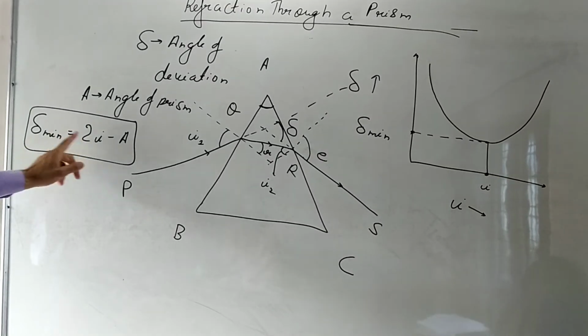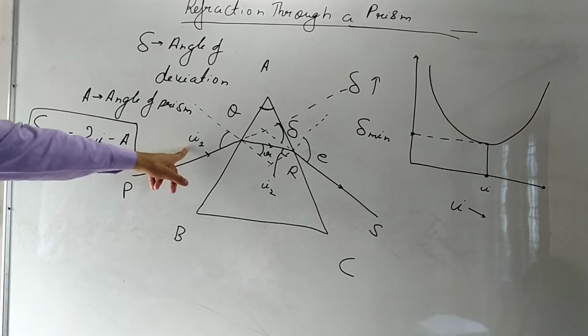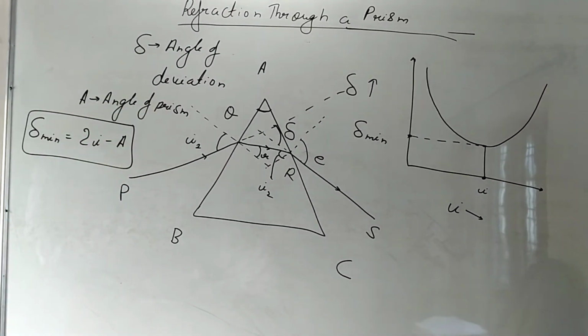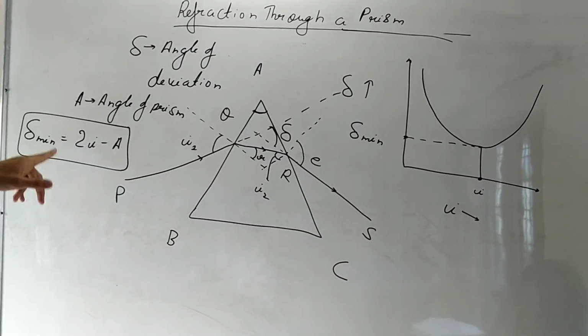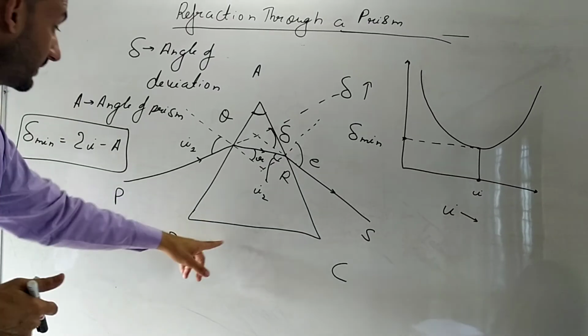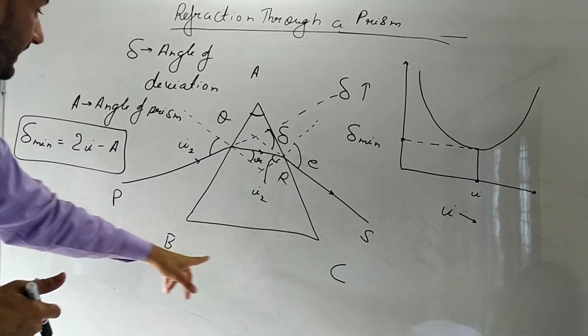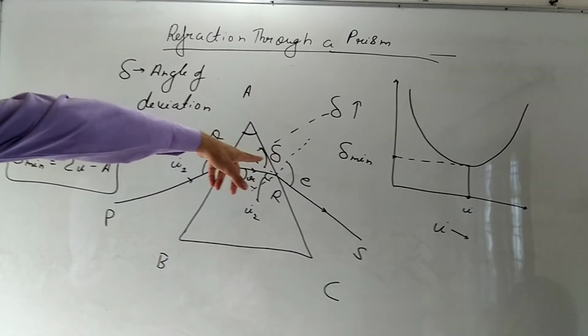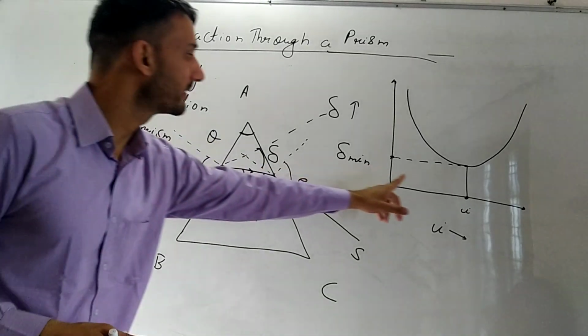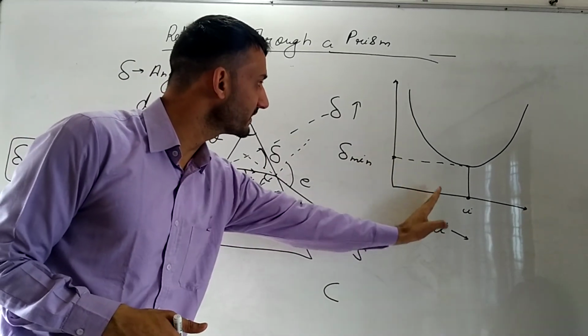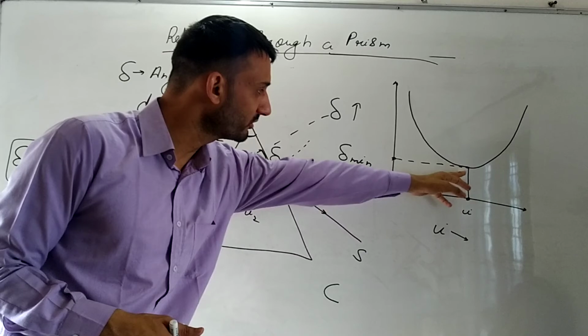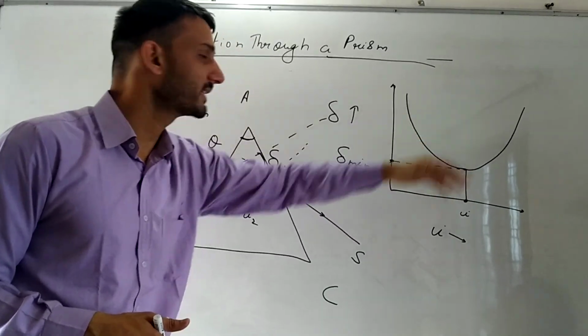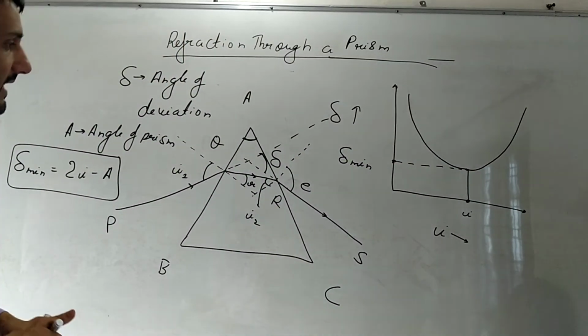Here i is the angle of incidence and A is the angle of prism. You should be able to plot this diagram and explain the graph: as we increase the angle of incidence, the angle of deviation decreases up to a certain point, and then again starts increasing.